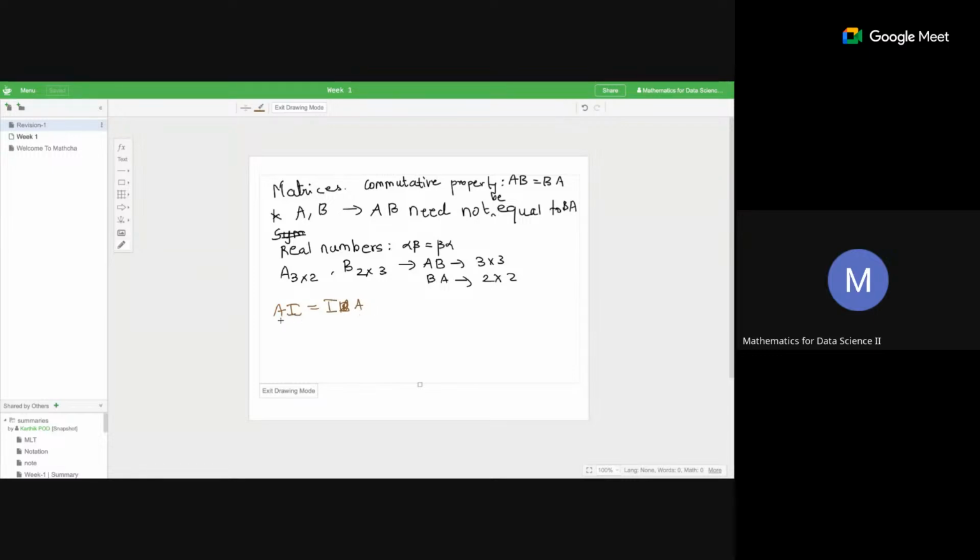Let us assume here A is an n by n matrix and I is also an n by n matrix. All are the same size. Then only in this case it will make sense. If the order will be the same, then it will be commutable.